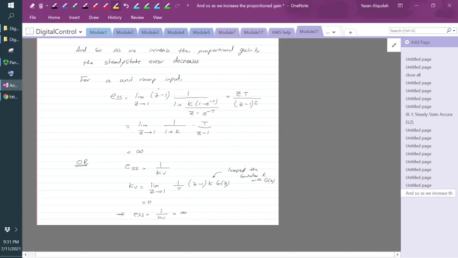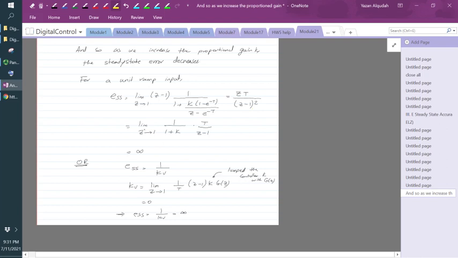Now for a unit ramp input, the steady state error is going to equal the limit as z goes to 1 of z minus 1 multiplied by 1 over 1 plus k of 1 minus e to negative T over z minus e to negative T, which is equal to z multiplied by T over z minus 1 squared.